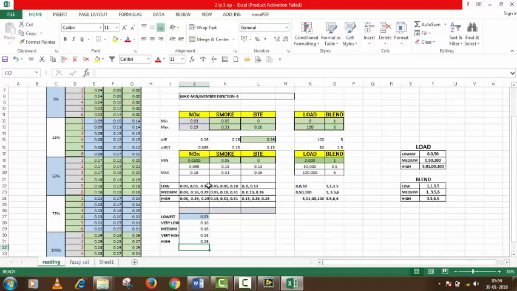See, the minimum is 0.03 and the maximum is 0.29.